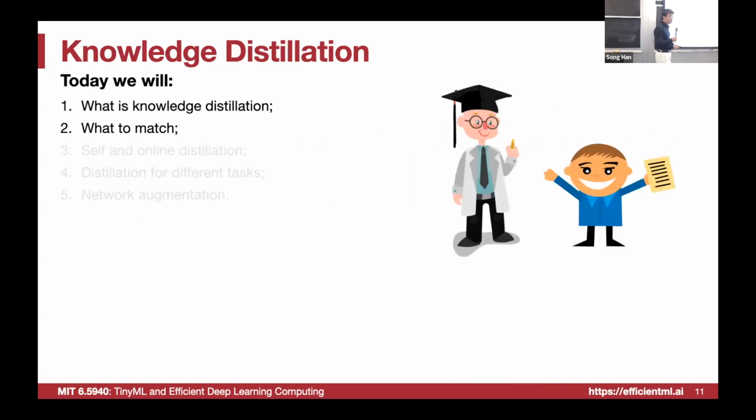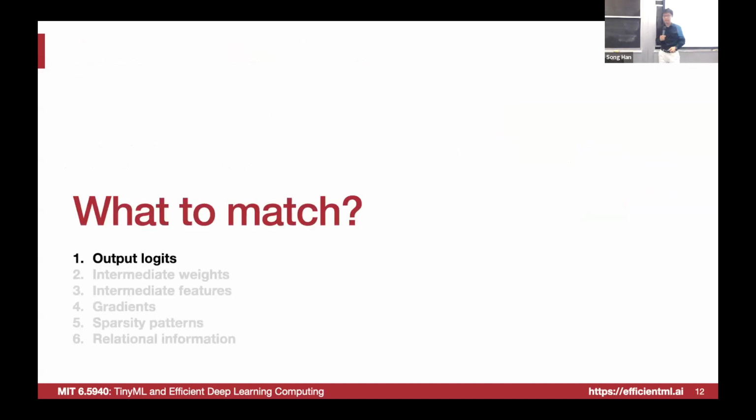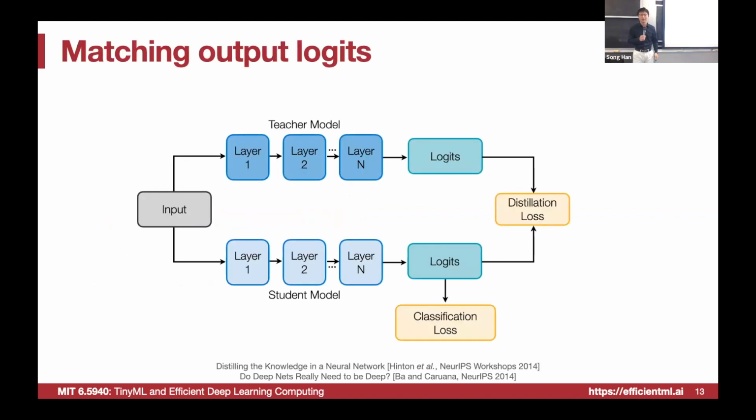So let's see what we match. Okay, there are several different choices. We can match the output logits, the intermediate weights, the intermediate features, the gradients, sparsity patterns, relational information. A lot of different places we can match the teacher and also the student. The first one, the simplest one, most widely used one, is the logits.